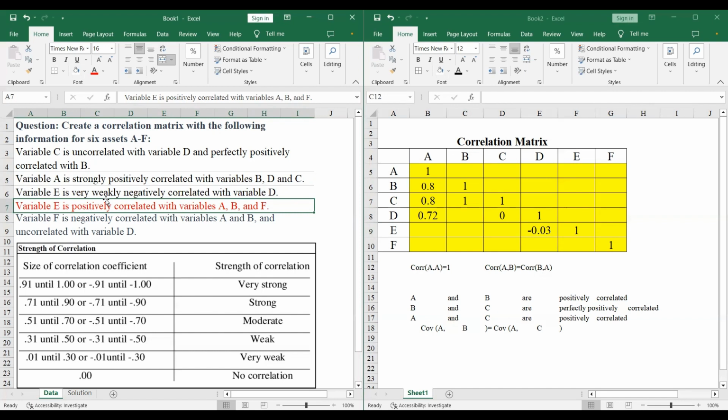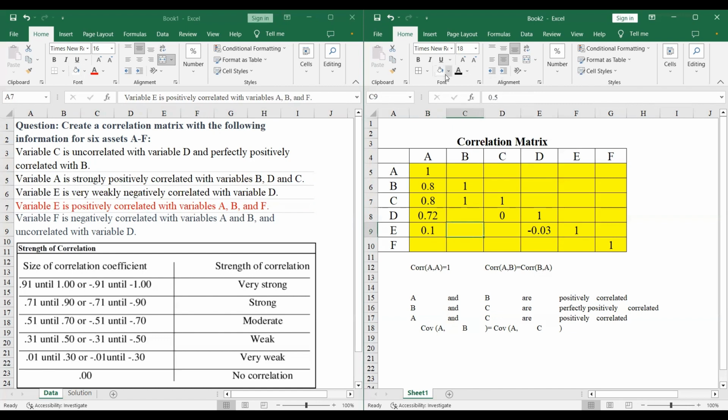It gives us more flexibility. As long as the correlation between E and A, E and B, E and F is positive, we don't have to worry about what type of relationship we are talking about. So all we have to do is focus on any positive numbers. So let's say for E and A, I take one positive number, 0.1.